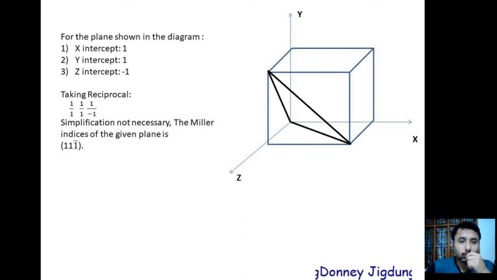If you take the reciprocal, you will get 1 by 1, 1 by 1, and 1 by minus 1. Since simplification is not necessary here as well, the Miller indices of the given plane can be represented by 1, 1, 1 bar, and you should enclose it within the parentheses.